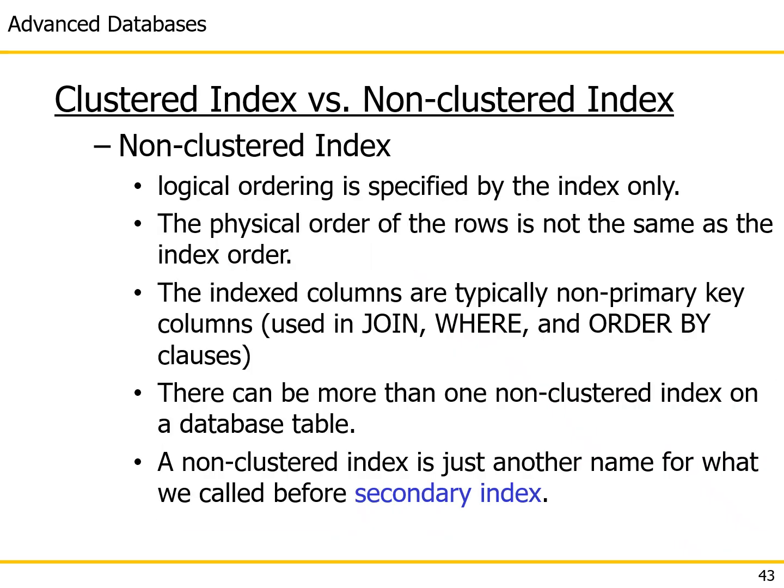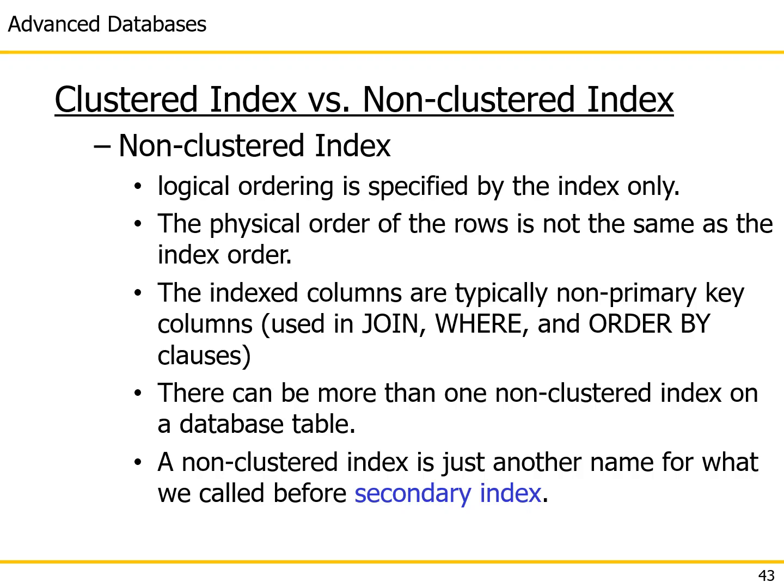So this is again to stress the point. A non-clustered index, it means it's an index regardless of the index type, whether it's a B+ tree or a hash, which we're going to see later on, or a BRIN index. As long as it's made on a column that is not used to sort the data, it will be called a non-clustered index. Okay?